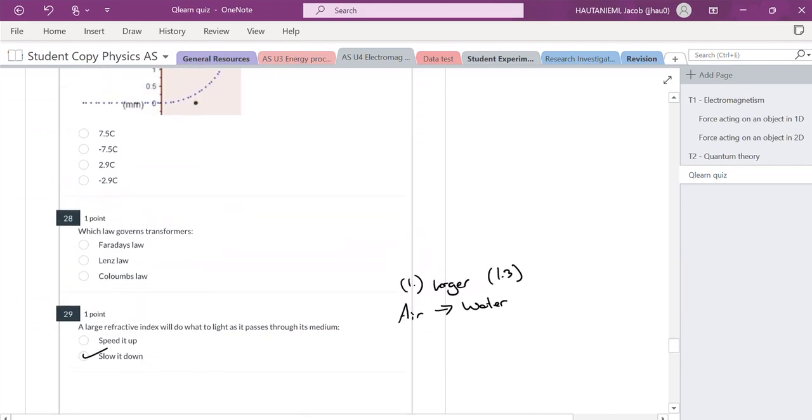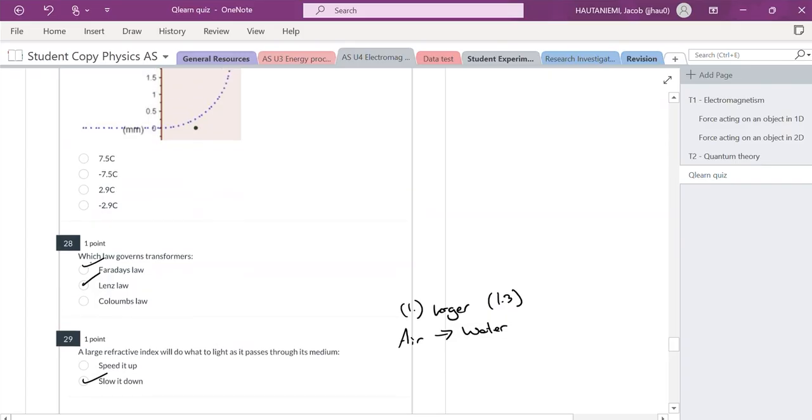Which law governs transformers? If you do a quick Google, I do believe that Faraday's law comes up. I was actually expecting Lenz's law. However, both of them are kind of correct. The reason is that Lenz's law is kind of the physics principle that started it all. If you can move some kind of magnet, you've got a moving magnetic field, which means you're creating an electric field.